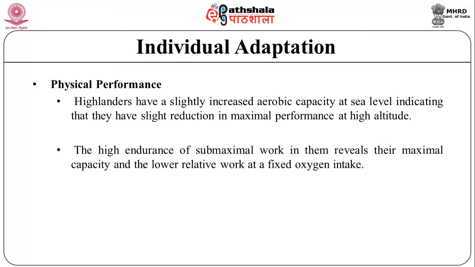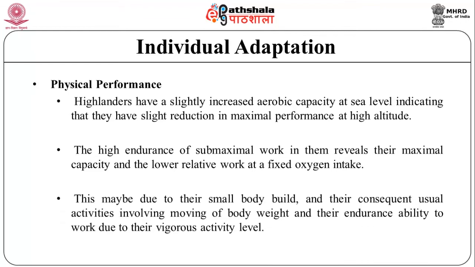The high endurance of submaximal work in them reveals their maximal capacity and the lower relative work at a fixed oxygen intake. This may be due to their small body build and their consequent usual activities involving moving of body weight, and their endurance ability to work due to their vigorous activity level.